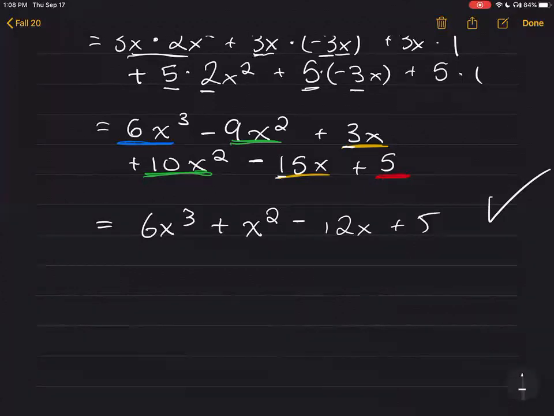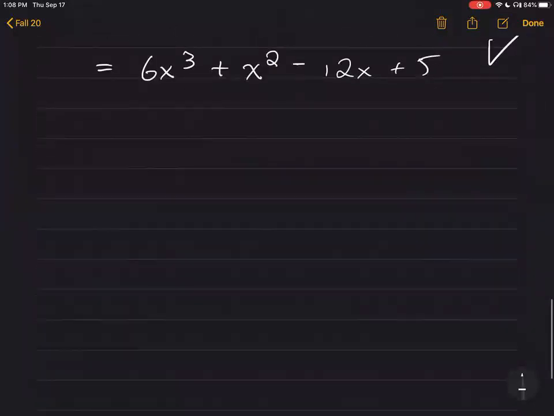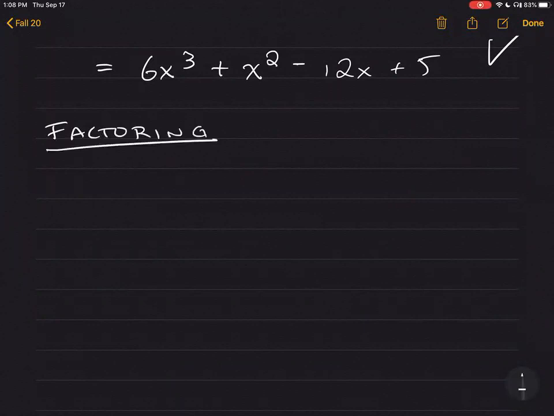But what about going backwards the other way? How do we factor them? And that's actually fairly tricky, factoring. So there's a couple methods you can use to factor polynomials.